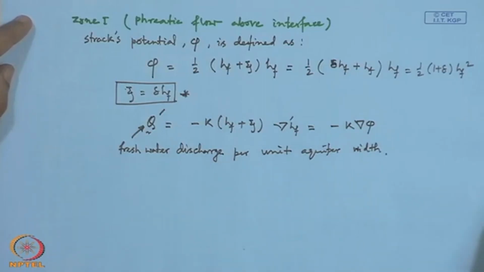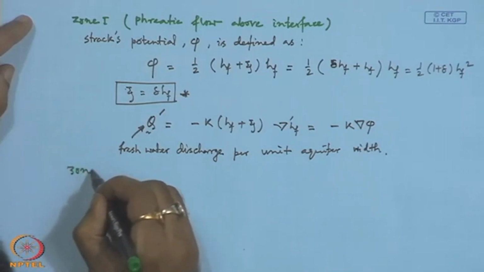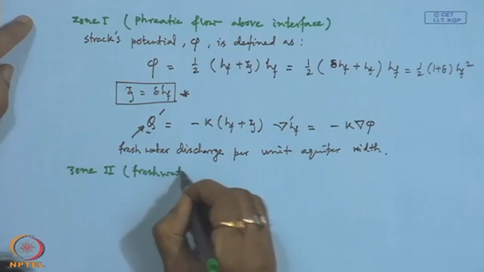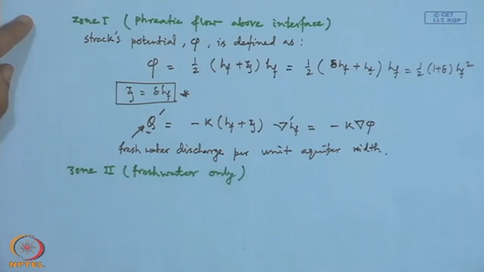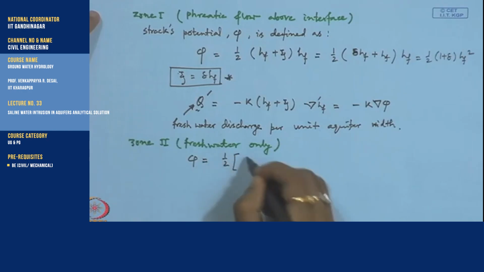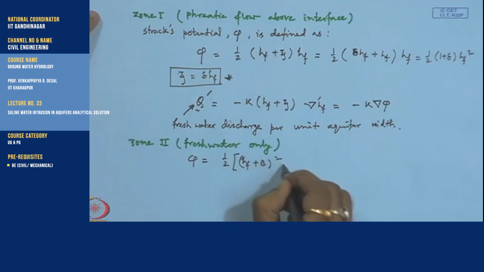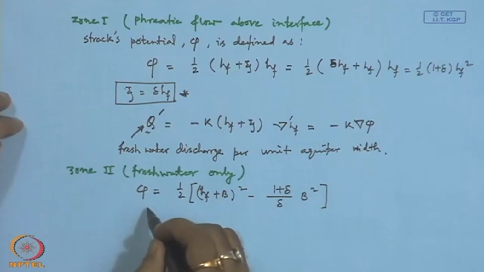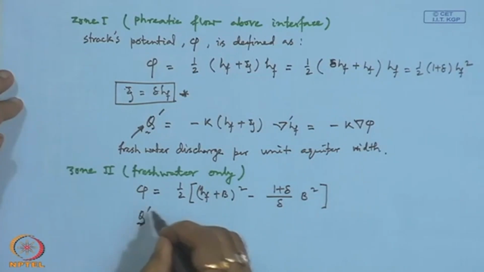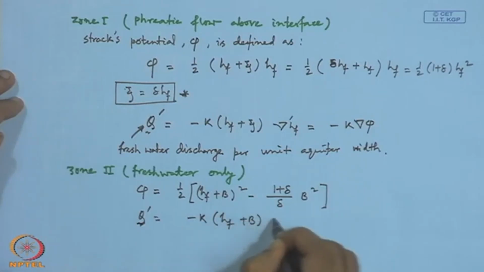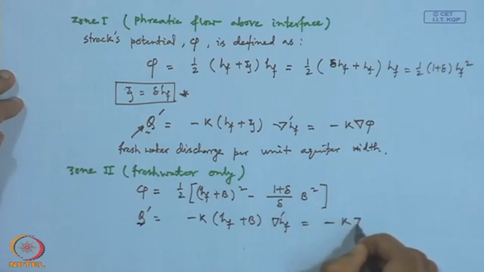In case of zone 2, which is fresh water only, we can define Strack's potential as phi equals half of HF plus B square, 1 minus delta by delta B square, and again we can define our flux as q prime equals minus k, this is HF plus B prime HF, minus k del phi.